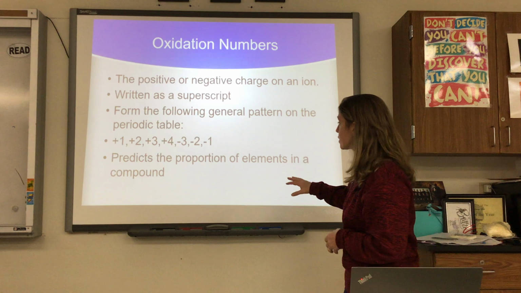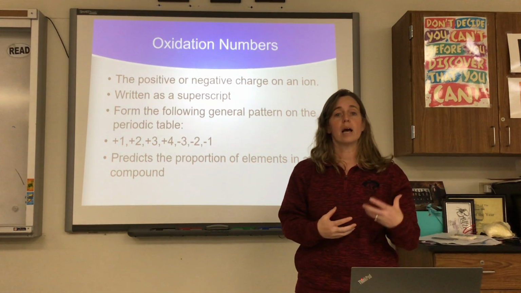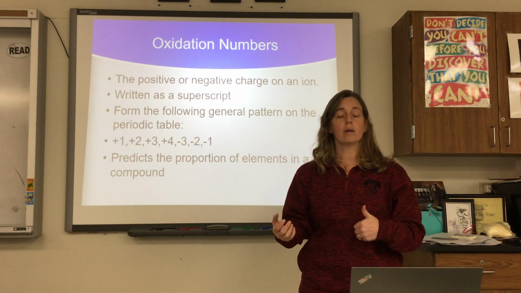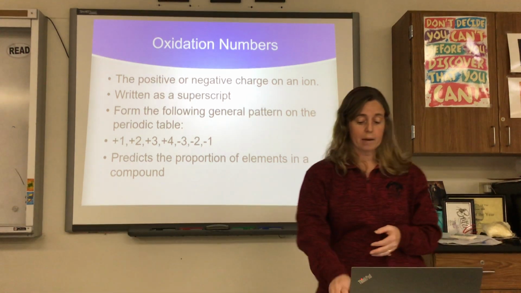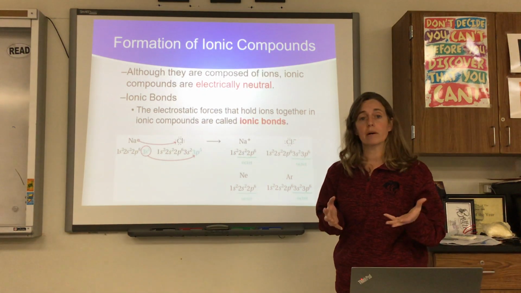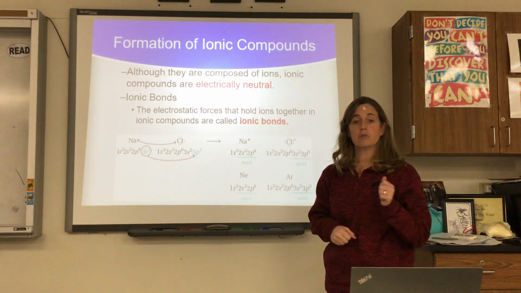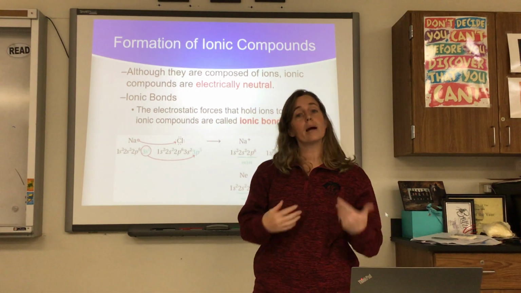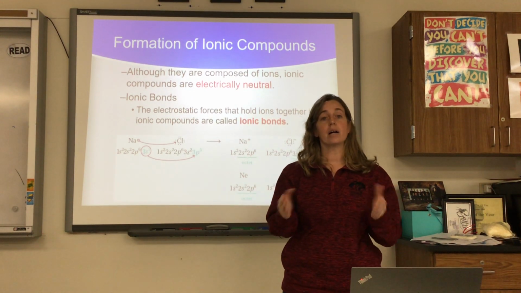Okay, this predicts the proportion of elements in a compound. So basically, how many elements are going to combine with another element depends upon their oxidation states. Okay, now when you're forming ionic compounds, they're composed of ions. Ionic compounds are electrically neutral. So what that means is the charges between the metal and the non-metal have got to equal 0.